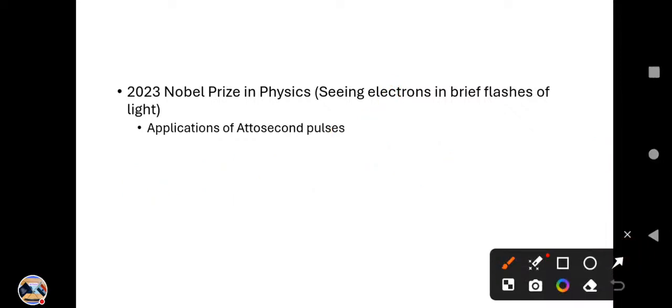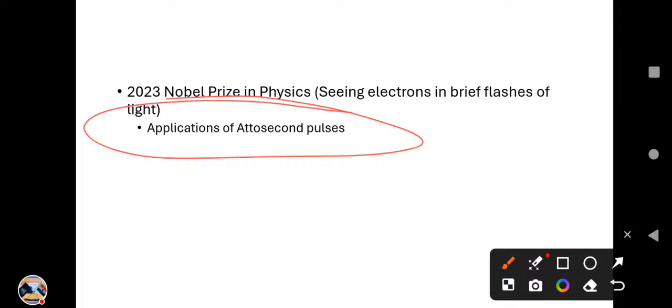Now we will discuss the various applications of attosecond pulses. Atomic and molecular imaging: attosecond pulses enable the capture of ultrafast processes within atoms and molecules, providing insights into their dynamics.